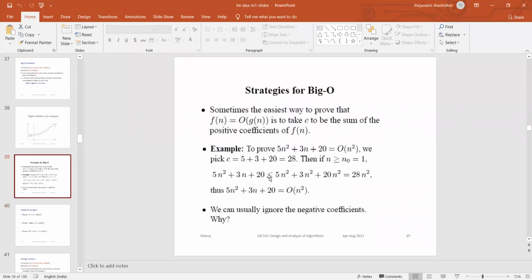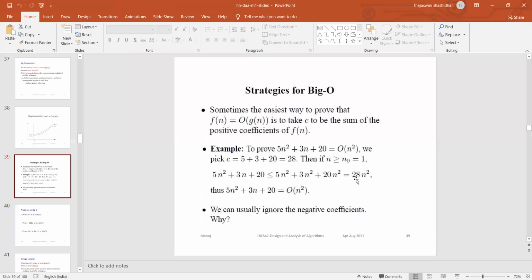Here you see they have written 5n square plus 3n plus 20 is less than or equal to 5 into n square plus 3 into n square plus 20 into n square, which is equal to 28n square.